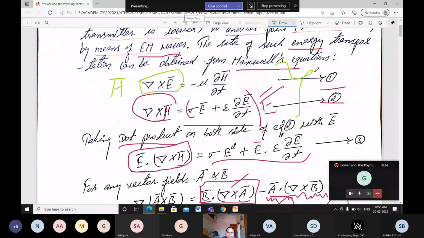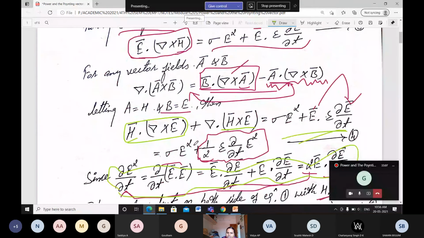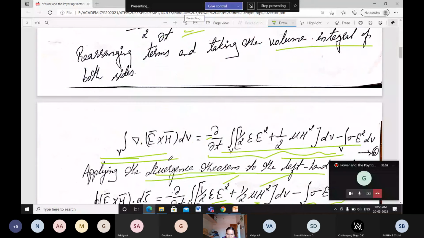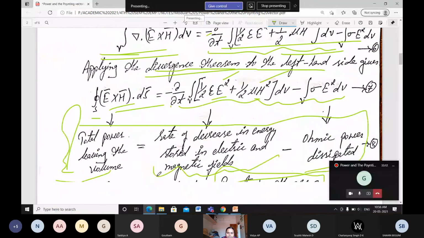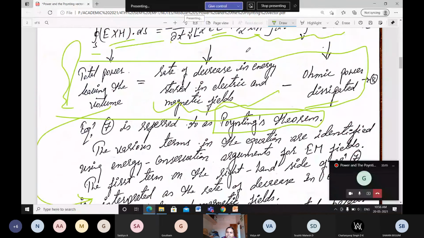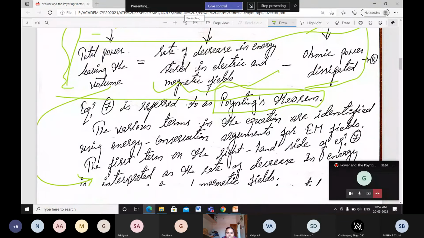Then rearrange the terms, then take the integration, then apply the divergence theorem. After applying the divergence theorem, you will get that the total power leaving the volume equals the rate of decrease in energy stored in electric and magnetic fields minus the ohmic losses, that is ohmic power dissipated. That is the Poynting theorem.